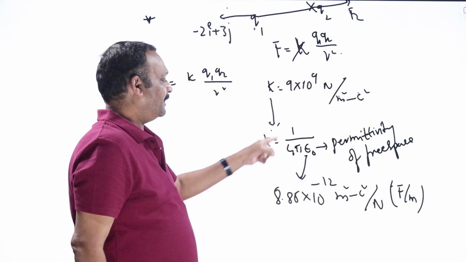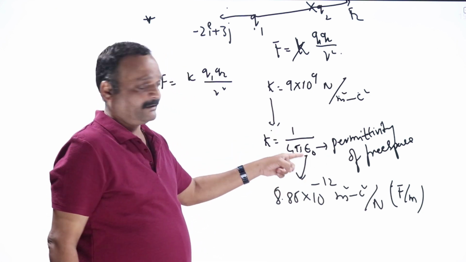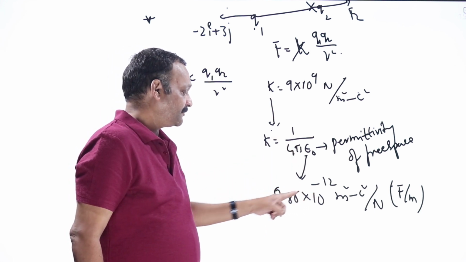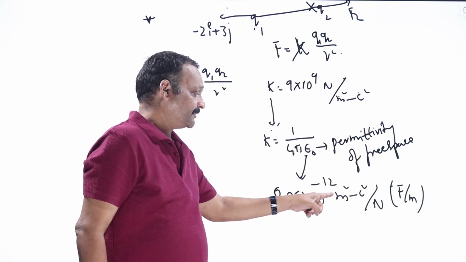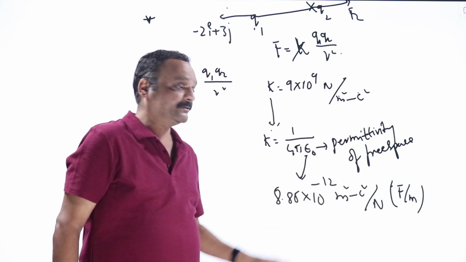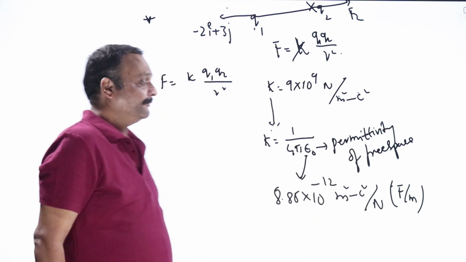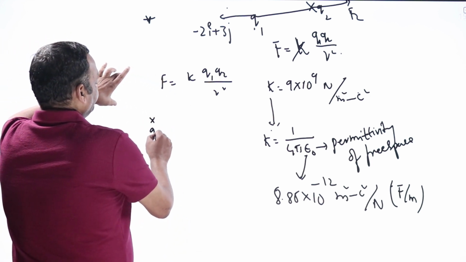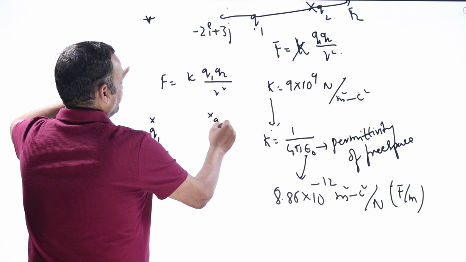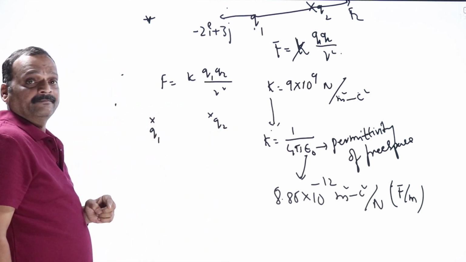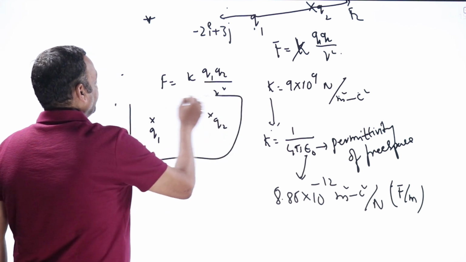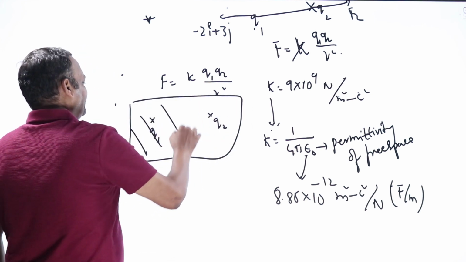So k is usually written as 1 by 4 pi epsilon naught, where epsilon naught is the permittivity of free space, 8.85 into 10 to the power minus 12 meter square Coulomb square per Newton, or simply Farad per meter. This is when the two charges are present in vacuum. Suppose the point charges Q1 and Q2 are present in some dielectric medium like air, glass or any other dielectric.